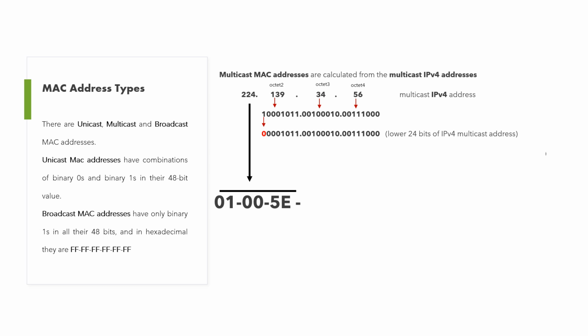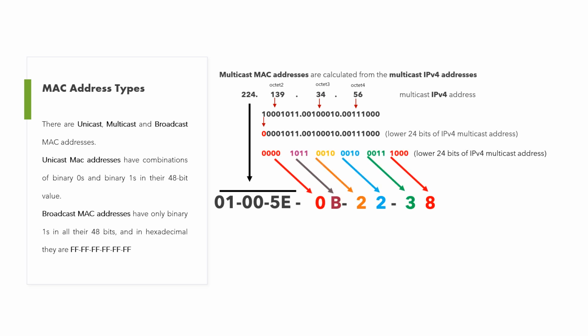Whatever the value of that bit is, we'll change it to 0. Then we are going to group the 24 bits that we have into 6 groups. Each group is going to have 4 binary bits in it. We are going to replace each 4 binary bits with its hexadecimal equivalent from the chart that we learned in the numbering system.